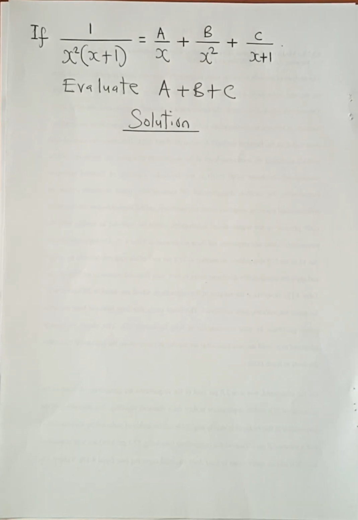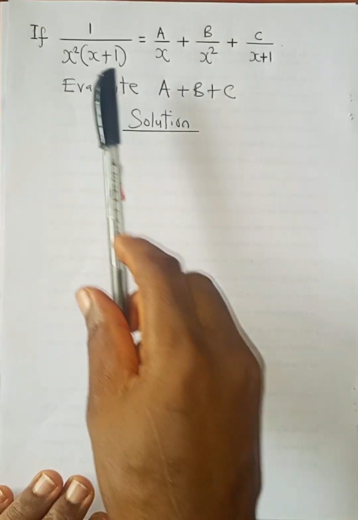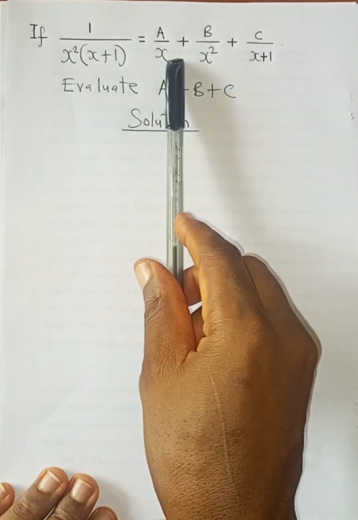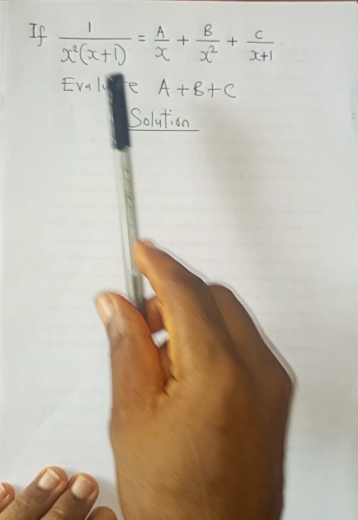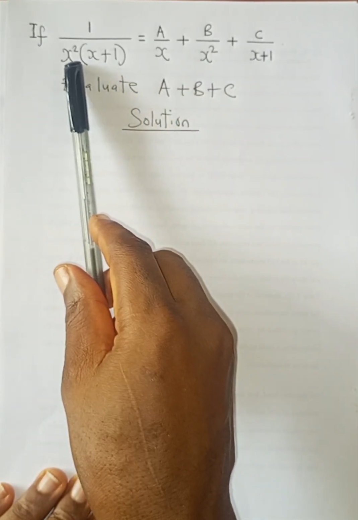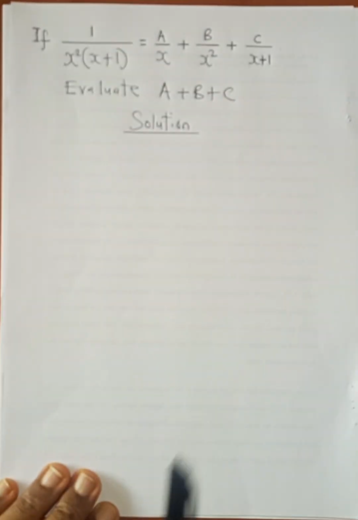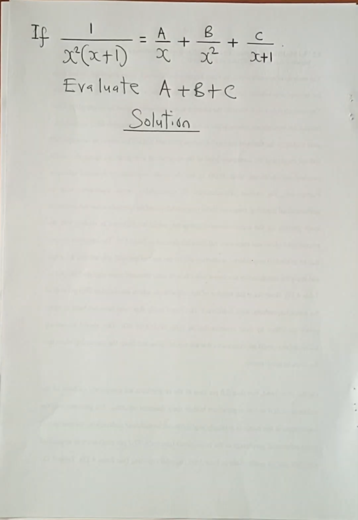But I believe you should not be asking that question, because with what we have done, this is one of the simplest questions we are meeting, because they've already helped us to split the denominator into partial fractions. I told you that the denominator is the most important one, and they've already split it for us. So all we need to do is just to solve it and get the value of A, B, and C.